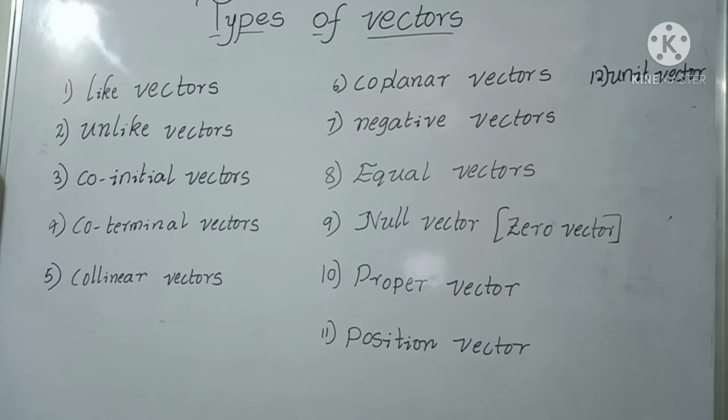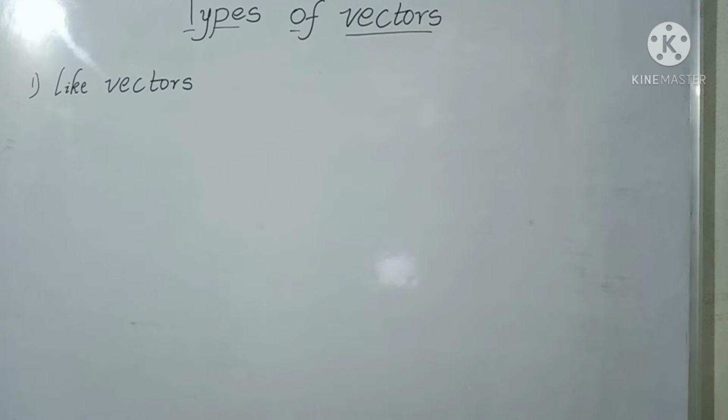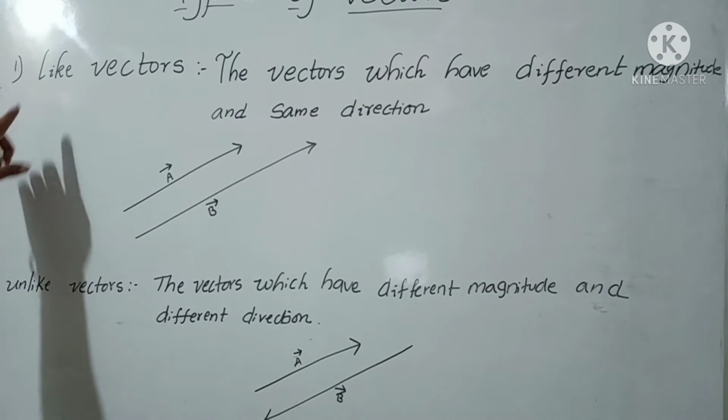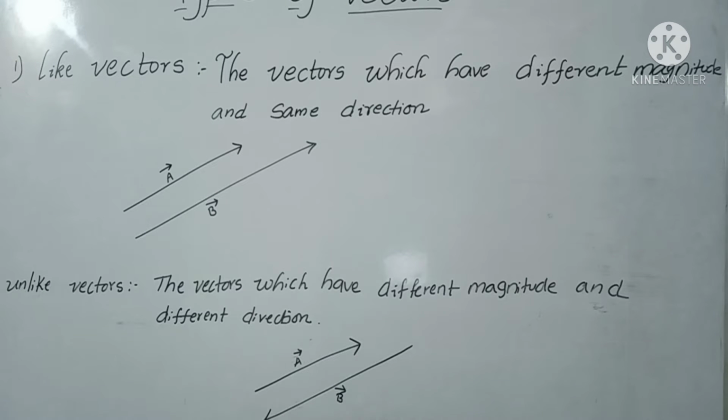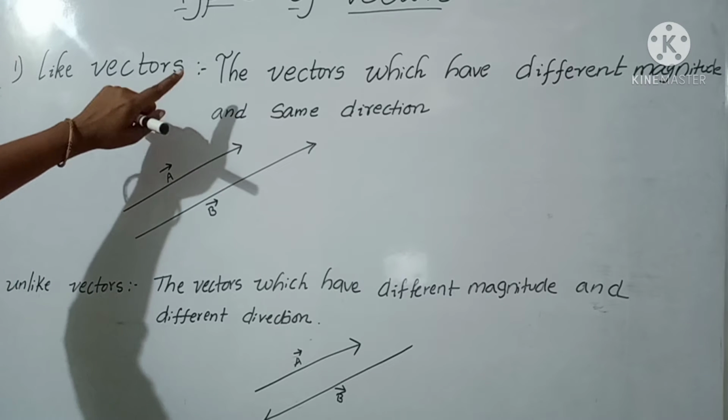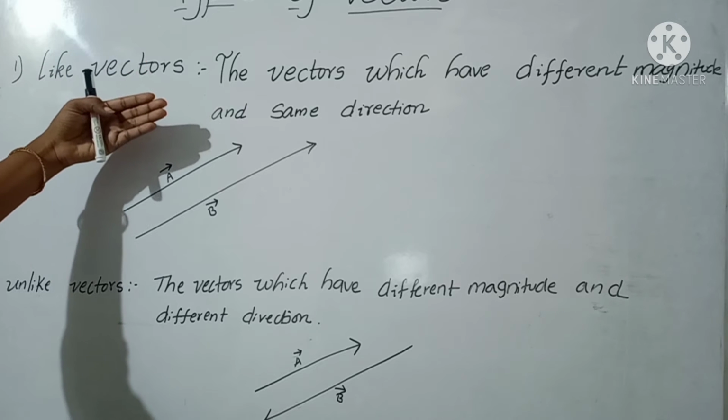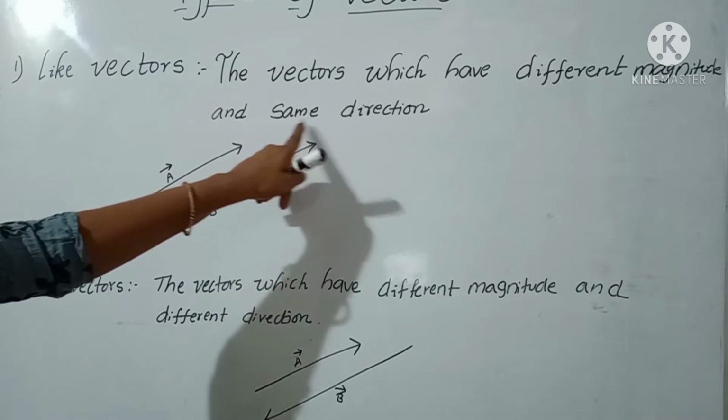Let us see the definitions one by one. First one is like vectors. Like vectors are vectors which have different magnitude and the same direction.